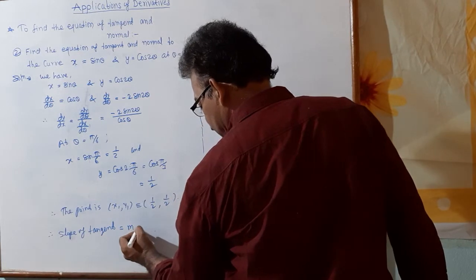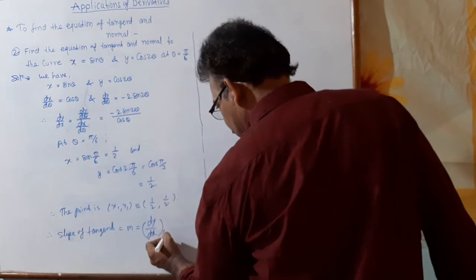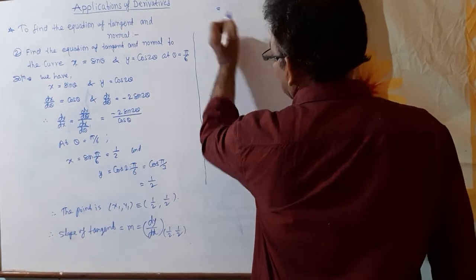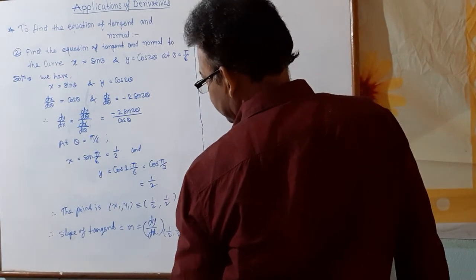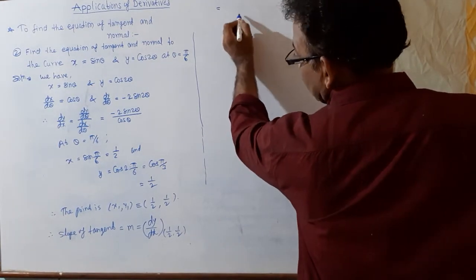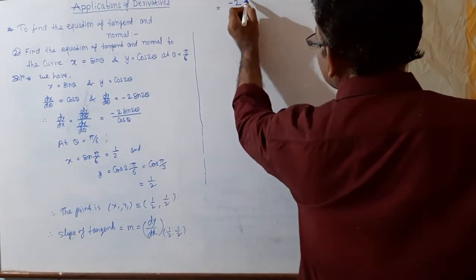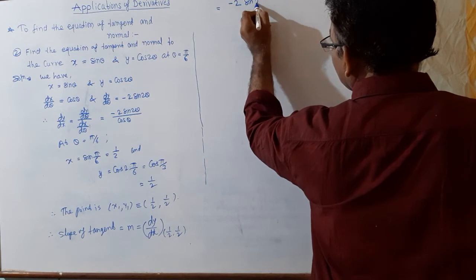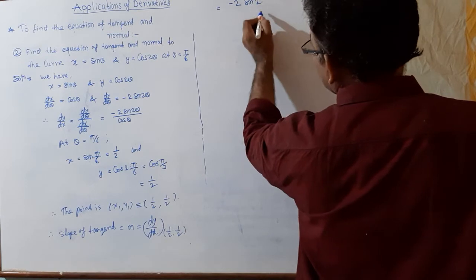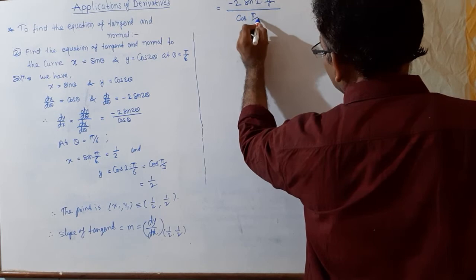And now we can find the slope of tangent. Suppose m, and we know that slope of tangent means dy by dx, and the point we have found also, that is (1 by 2, 1 by 2), equal to, substituting the value here, this derivative, minus 2 sin 2 into theta. What is theta? Pi by 6, divided by cos theta, pi by 6.